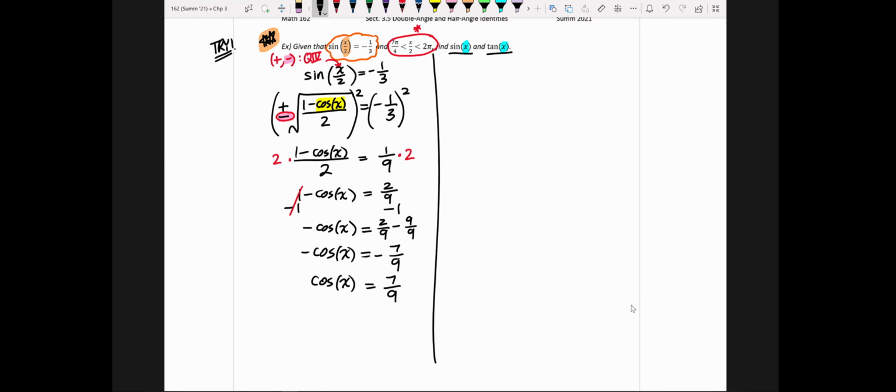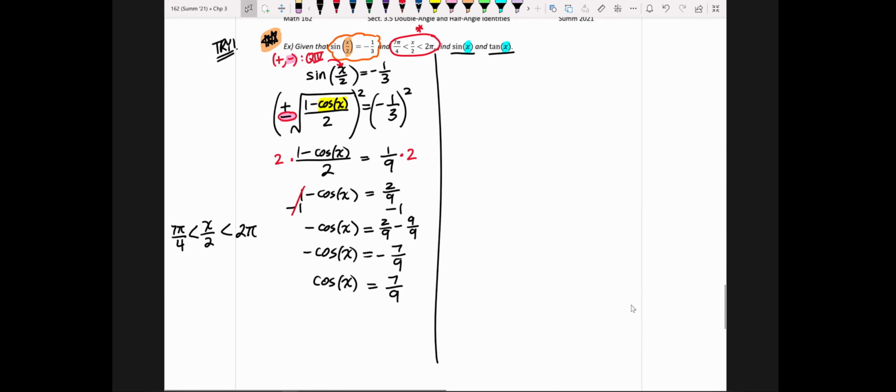This is now when we need to check our quadrant. So x over 2 is between 7 pi over 4 and 2 pi. Okay, so let's multiply by 2. Multiply by 2, we get 7 pi over 2 to 4 pi.